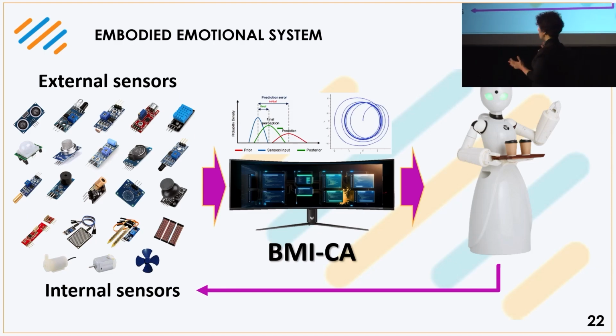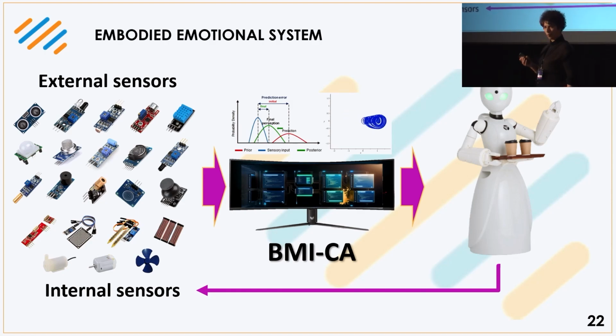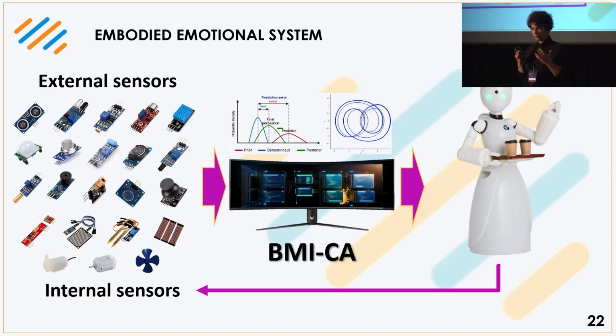I think we can somehow simulate what is consciousness, or at least the emotional parts of consciousness, in a robot. And we can use this, hopefully, to simulate different situations and maybe study embodied consciousness with robots, and see whether this is possible or not.